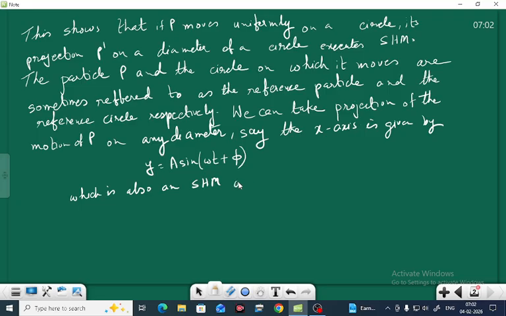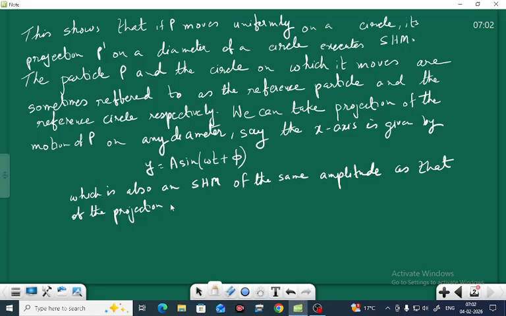of the same amplitude as that of the projection on the x-axis, but differing in phase by pi by 2, that is 90 degrees, right?